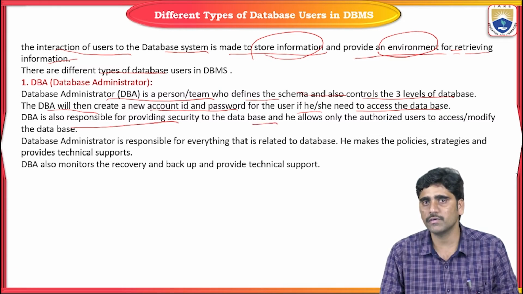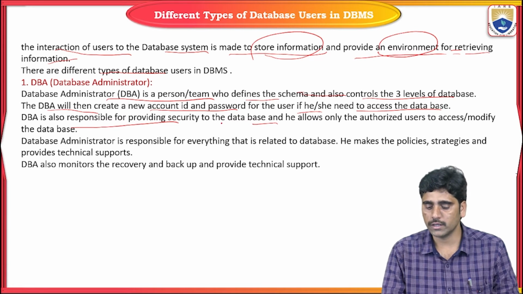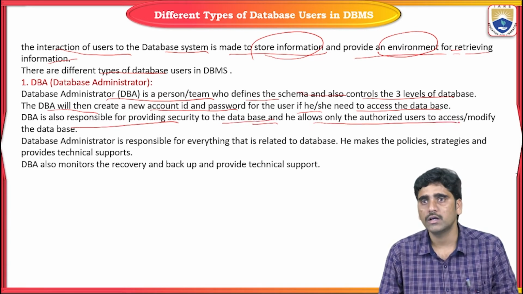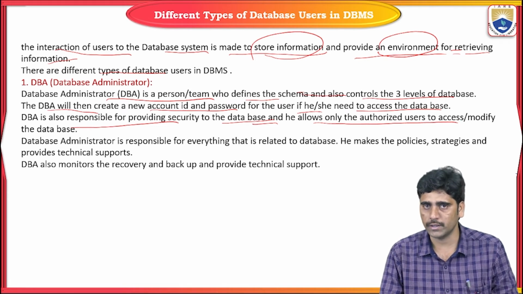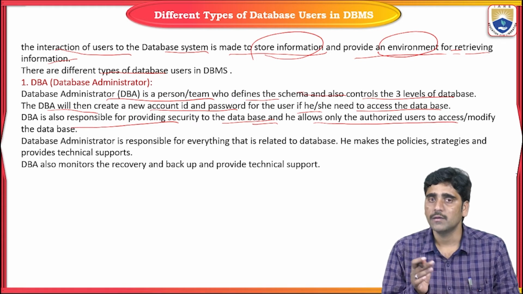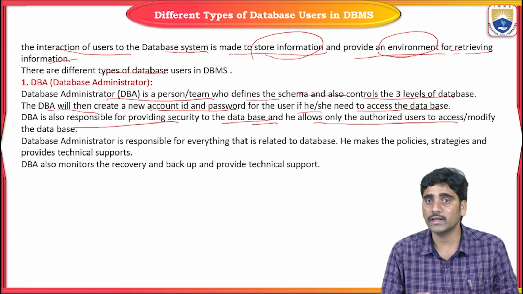He is responsible for providing security to the database, and he allows only authorized users to access or modify the database. The database administrator can create the databases, create the users, and grant privileges to the users.